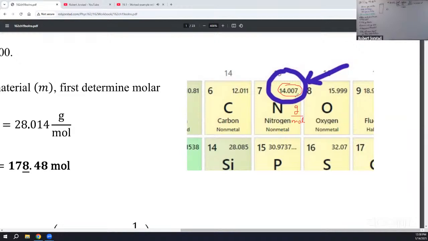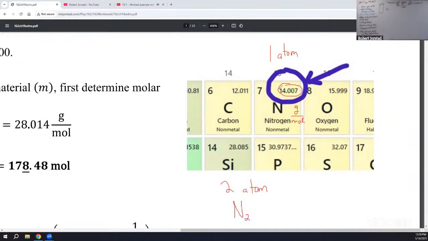And that's for 1 atom of nitrogen. Now think, we have 2 atoms because nitrogen is diatomic. If you didn't know that, now you do. N2 is the typical form of nitrogen.